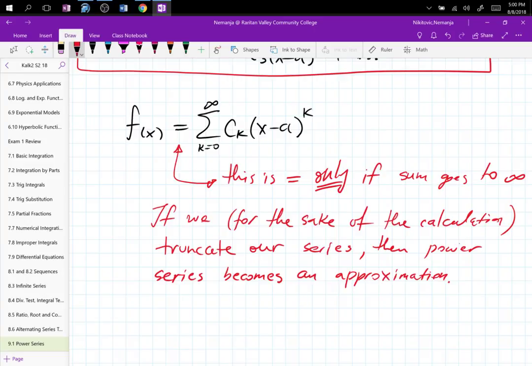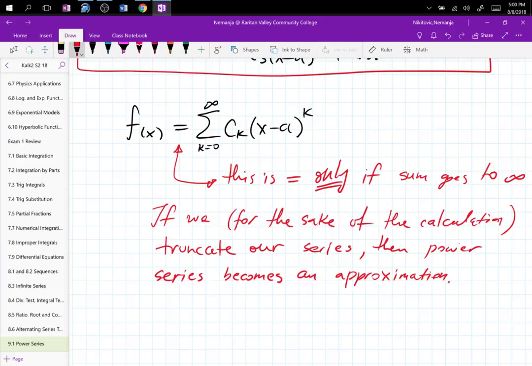So if you're using all infinity of the terms, then they're equal. If you are truncating, meaning you're throwing away a certain amount of terms, or most of the terms, whatever, you keep the first 3, 4, and you throw the rest in the garbage, and the rest is infinity, then you're getting an approximation to your function.